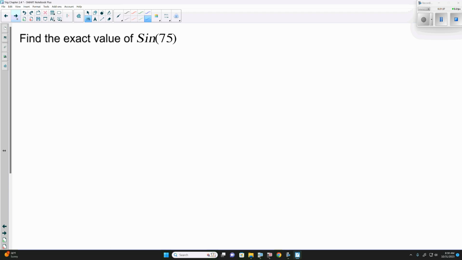Sine of 75 degrees. I mean, there's different ways we can get to 75. It's just figuring out what's going to be the nicest way. Because, I mean, I know which way is going to be the easiest. I could say sine of 210 minus 135.